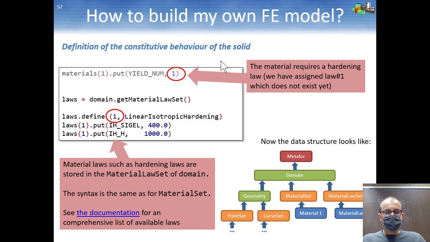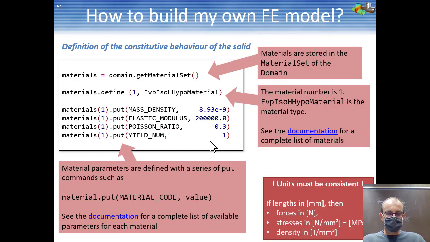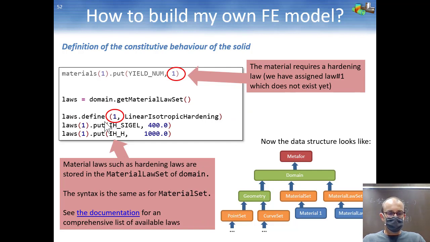So the next thing is this one here. You have materials, but materials can be connected to many other, what we call laws. So it means curves that describe the evolution of some variables.